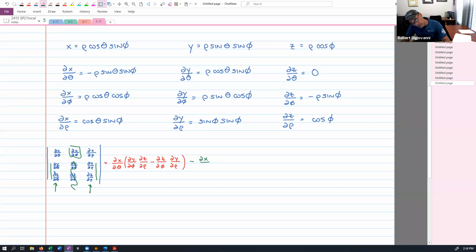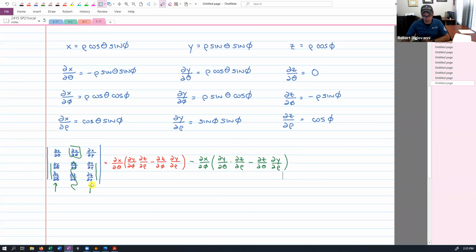Partial x with respect to phi times, okay, now the determinant here to here, so partial y with respect to theta times partial z with respect to rho minus partial z with respect to theta, partial y with respect to rho. Okay, that takes care of that.